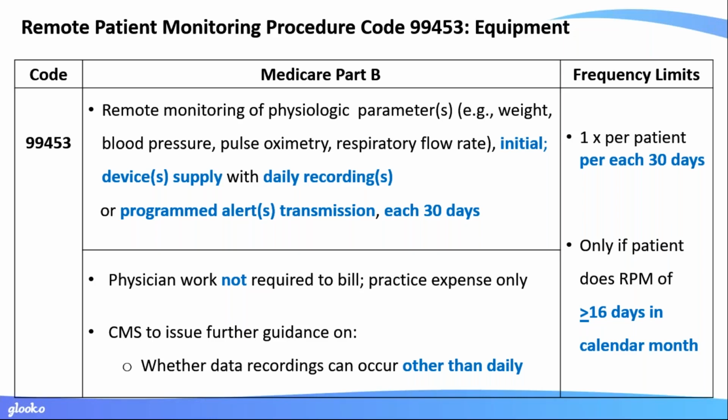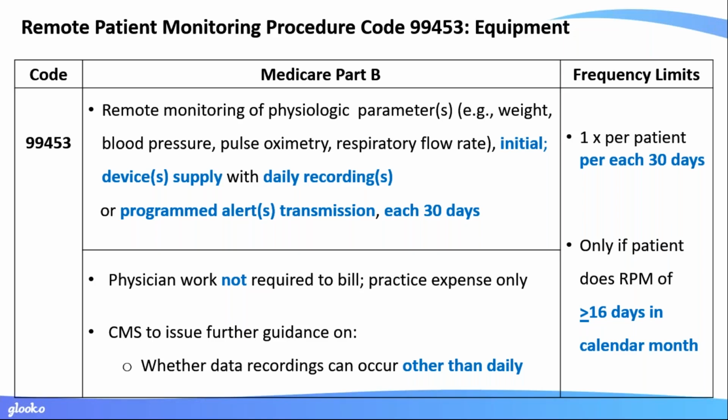So if you got a whole case of free blood glucose meters, the specialized meters that allow that wireless transmission, but you didn't pay for them, and then you give one to Martha, technically you cannot bill for this code because you incurred no expense. But if you did purchase it and you give it to her or loan it to her, either way, because you've incurred the expense, you can bill this code.